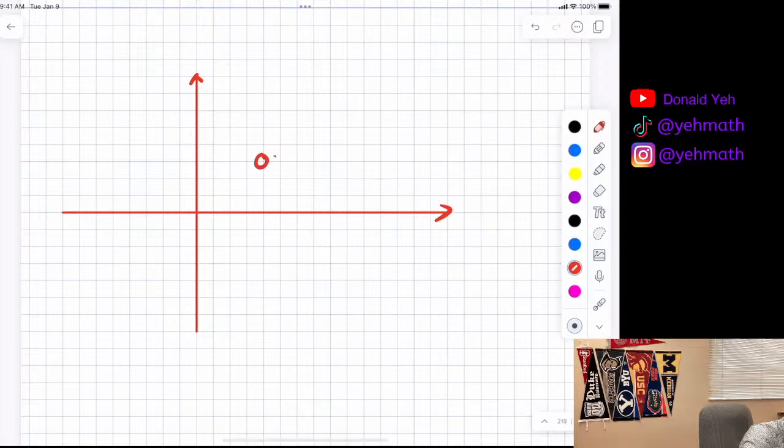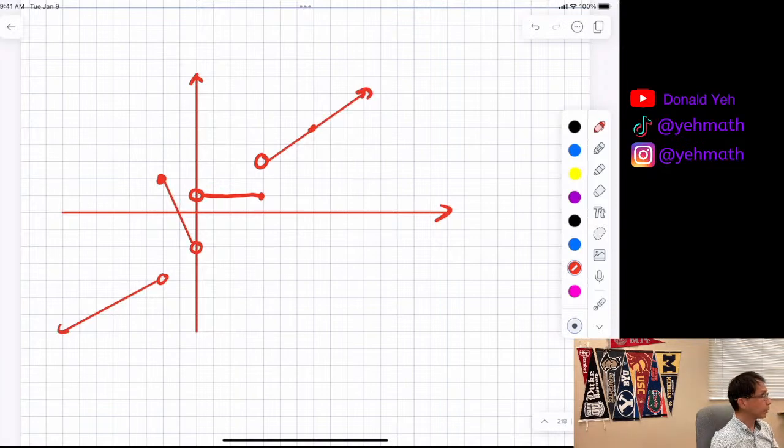So let's say I have this point, I have this, like this, and I have maybe something like this. Can you tell me the equation?